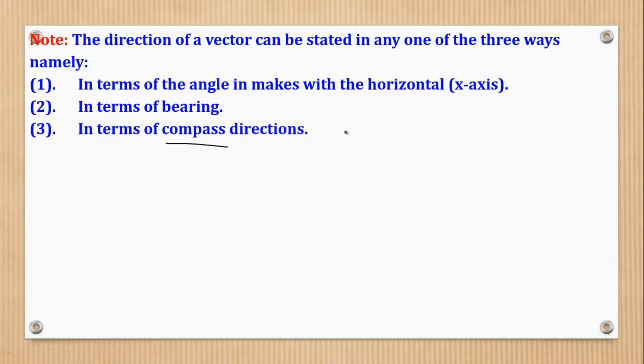Compass direction, you're also aware of it. For example, when I say north 30 degrees east, that is a direction in form of a compass direction. So these are the three ways you can use to state the direction of a vector. And we shall see all the three, how you can state them in the examples.